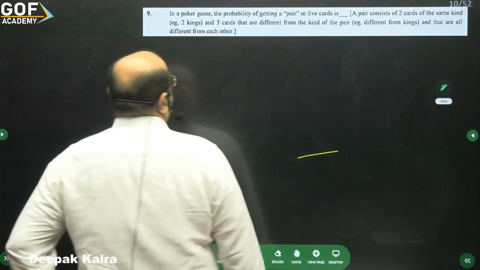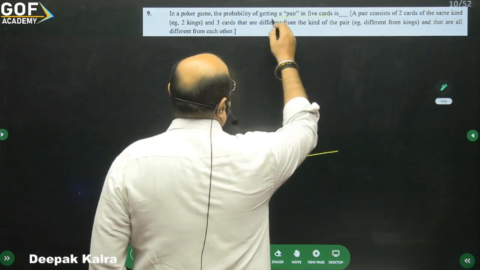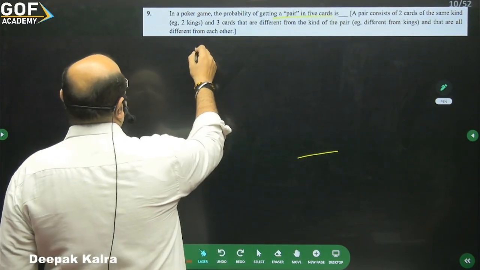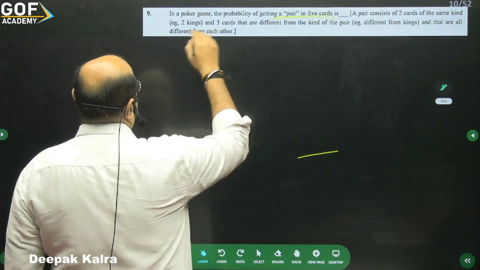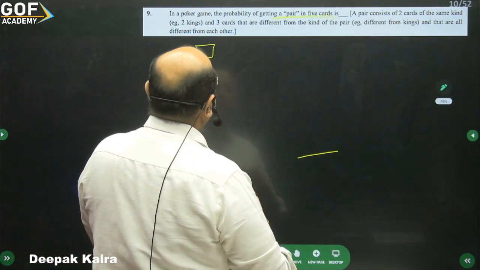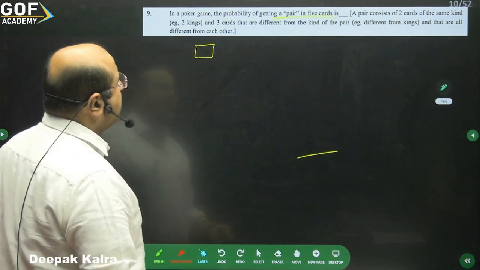In a game of poker, what is the probability of getting a pair in 5 cards? Does a pair consist of 2 cards of the same kind? Okay. Same kind, that is, the denomination is the same, color obviously different.